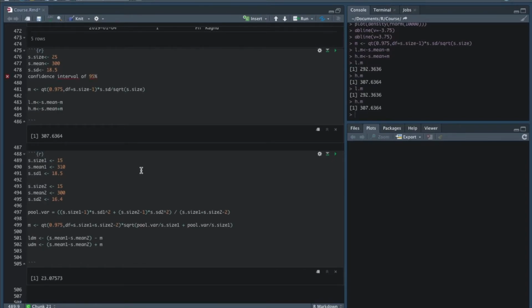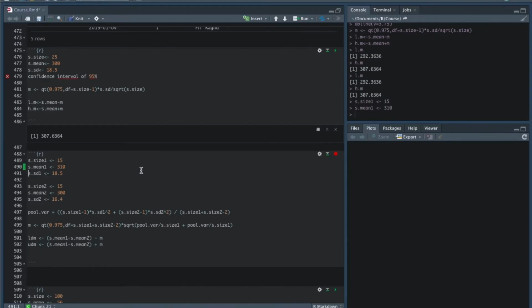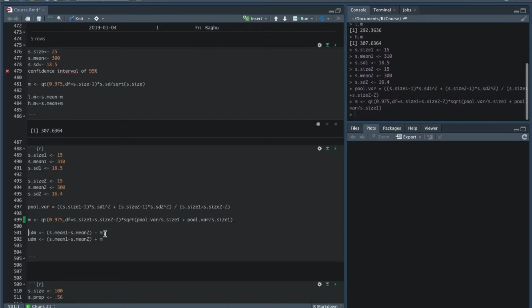Similarly, let's say we want to compare the means of two samples. Then we use this formula. These are mathematical formulas, you don't need to worry about them. I am giving you the code, just use it. Again, we calculate the margins, and since we are comparing two, we want to see the difference in the means.